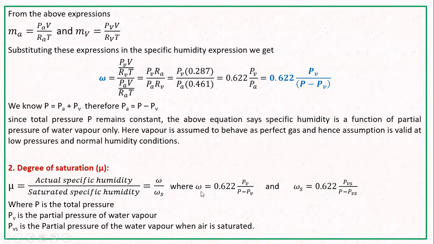Right? So we can write actual specific humidity omega, just now we obtained, 0.622 PV by P minus PV. Similarly, when the air is saturated, specific humidity omega S will be equal to 0.622 PVS, that means partial pressure of the water vapor when it is saturated, divided by P minus PVS.